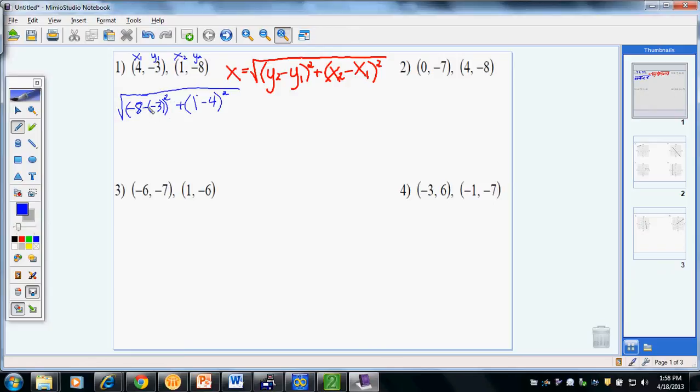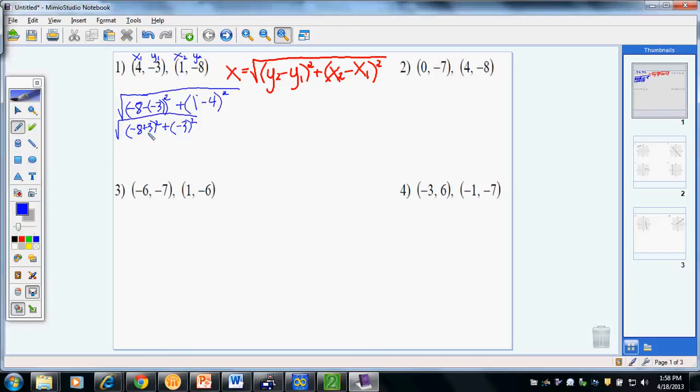So negative times a negative is positive, so we're left with negative 8 plus 3, and we're going to square this, plus 1 minus 4 is negative 3 squared. Okay.